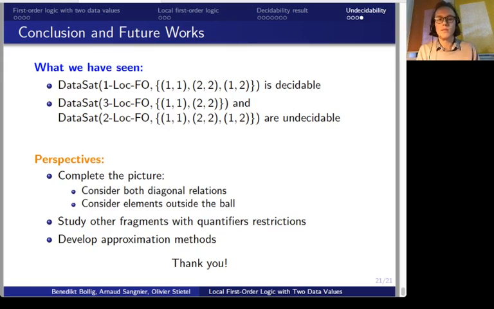We want to consider both diagonal relations with radius 1, and we want to consider the neighborhood, but still consider the elements outside of the ball in the neighborhood. The second point is to study other fragments with quantifier restrictions, and finally to develop approximations for the satisfiability problem. Thanks.